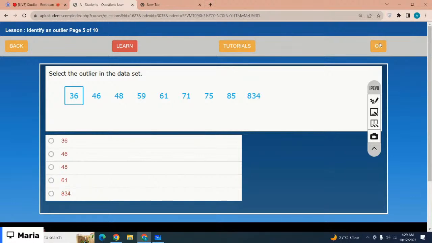The correct option is... very good. That would be 834, right?